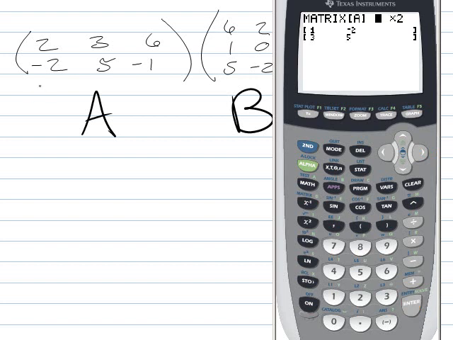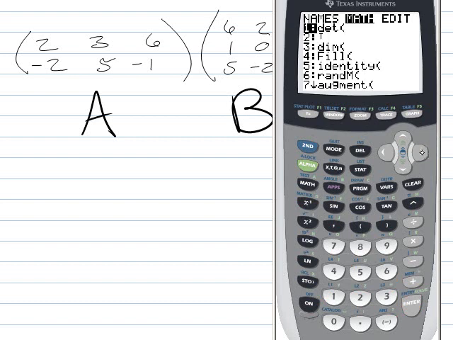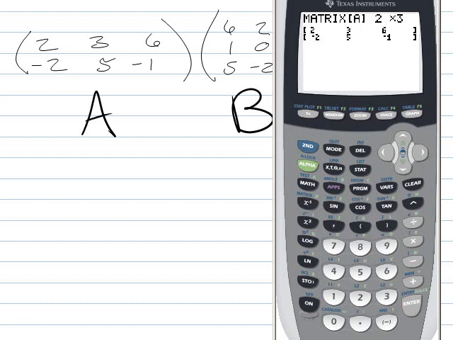Oh, we got to get the sizes of these again. This first one's a 2 by 3. I think we determined that already. A 2 by 3, and the elements are 2, 3, 6, and negative 2, 5, negative 1. Alrighty, I'm going to go back to my matrices, and I'm going to put in B, which is a 2 by 3.